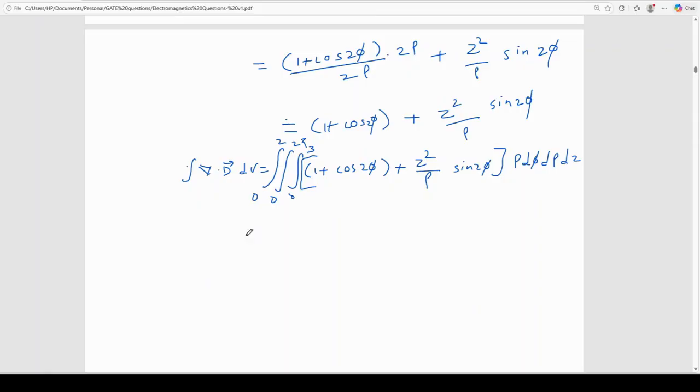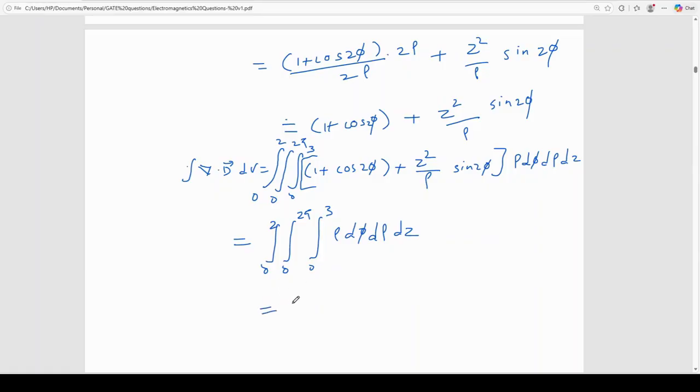So we are left with only one term, integral 0 to 2, integral 0 to 2 pi, integral 0 to 3, 1 into rho d phi d rho dz. Again, you have only rho inside, so integrating with respect to d phi from 0 to 2 pi gives 2 pi, and integrating with respect to dz from 0 to 2 gives you 2.